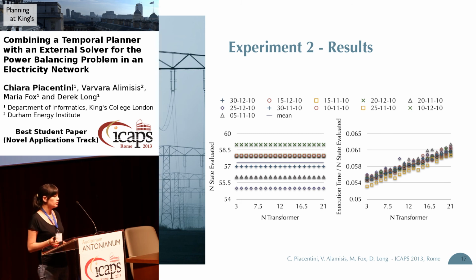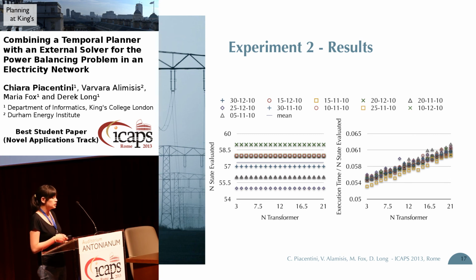Again, on the left plot, we have the number of states evaluated as a function of the number of transformers. And you can see that when the planner finds a solution, for example, with 3 transformers, also adding other transformers, so basically adding more choices that the planner can choose, it still can find a solution with the same number of states evaluated.